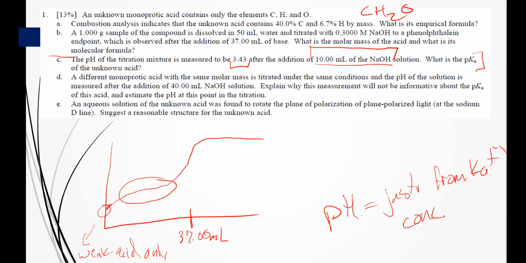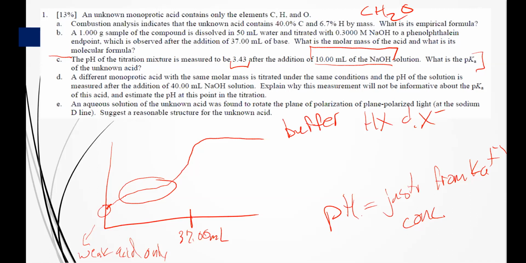But once we move past that point, we're moving from being just a weak acid into being a buffer. That's because while we still have some of the weak acid, since we haven't neutralized all of it, we also have some that has been deprotonated. Once we've added the strong base, it's taken away that proton.